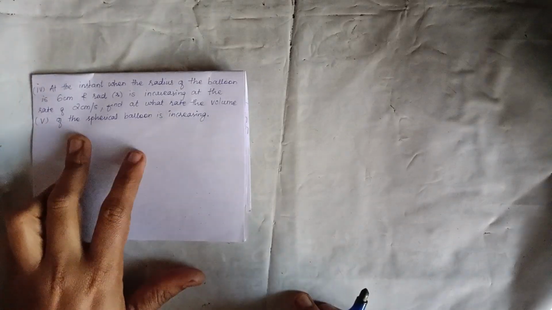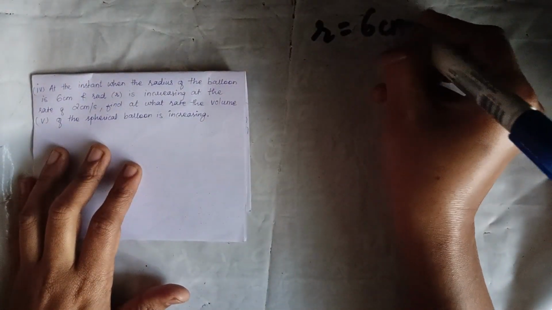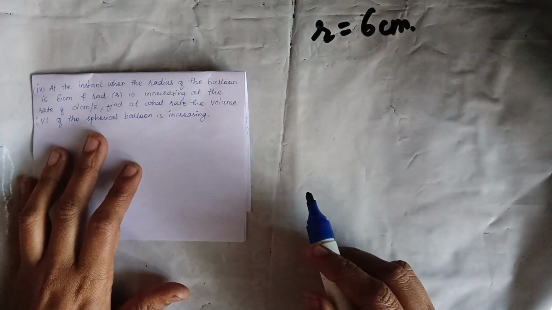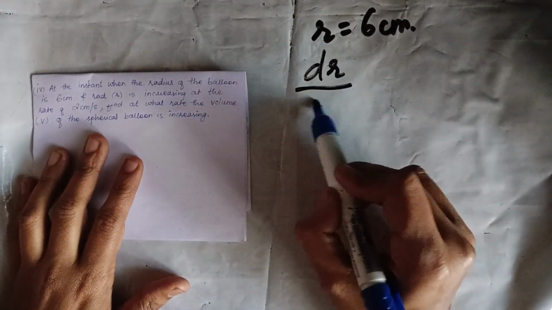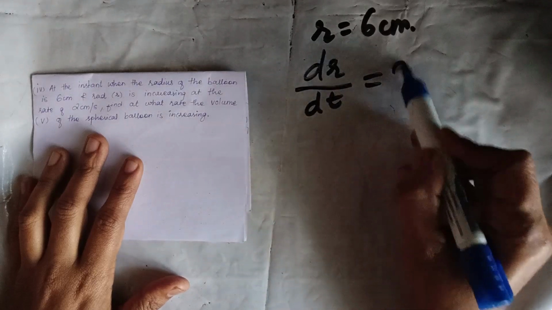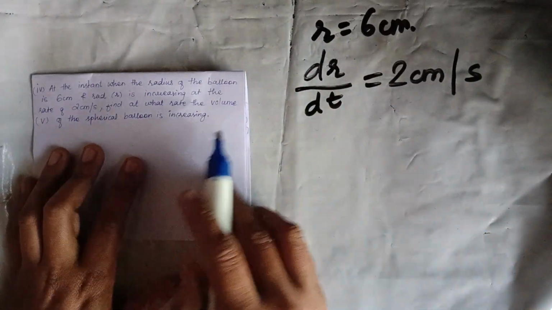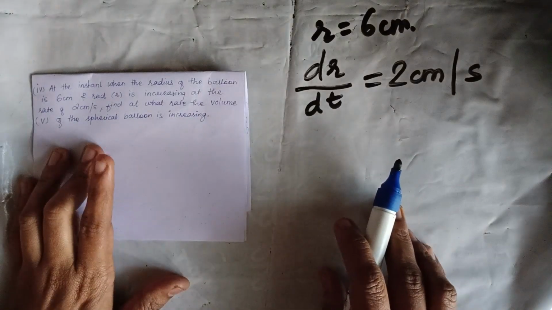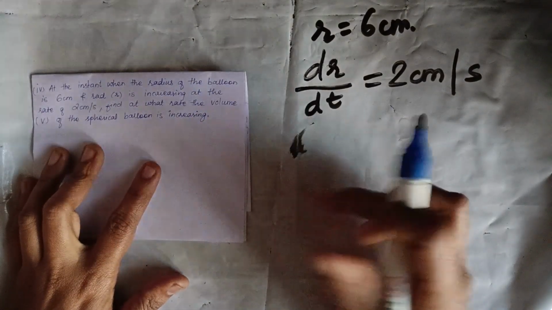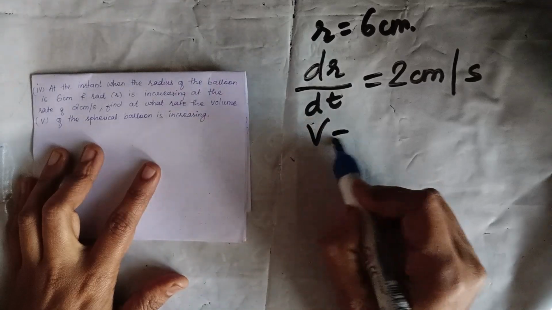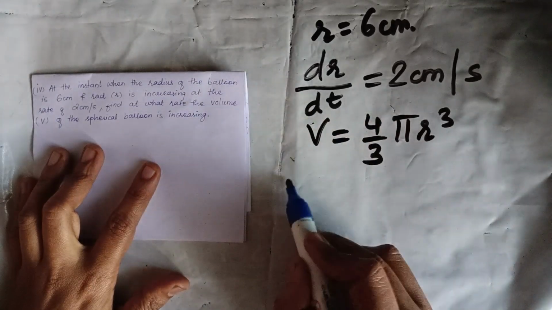Next is, at the instant when the radius of the balloon is 6 centimeter and the radius r is increasing at the rate of 2 centimeter per second, at what rate is the volume V of the spherical balloon increasing? So change in volume. Volume is 4 by 3 πr³.